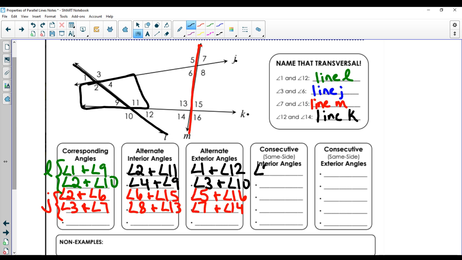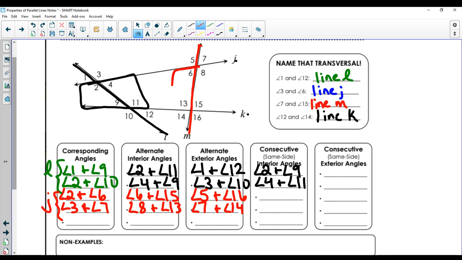Okay, so we would say angle 2 and angle 9, and then angle 4 and angle 11. Okay? So those are on the same side of the transversal line L, and they're inside J and K.